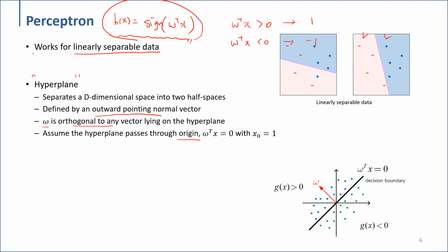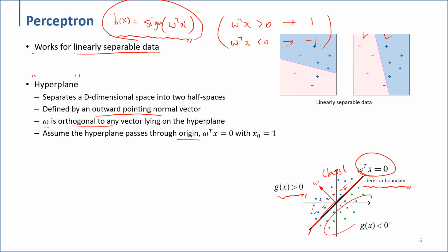Let's say class -1. So from that, we can understand that the decision boundary can be omega transpose x is equal to 0. If this value is larger than 0, then we will take this data as class 1.